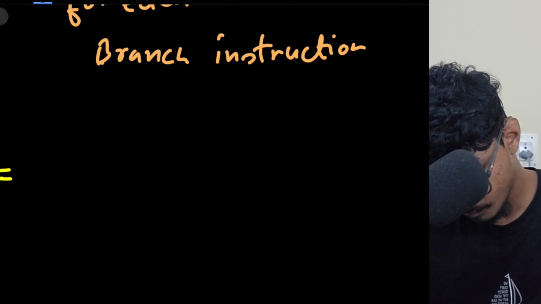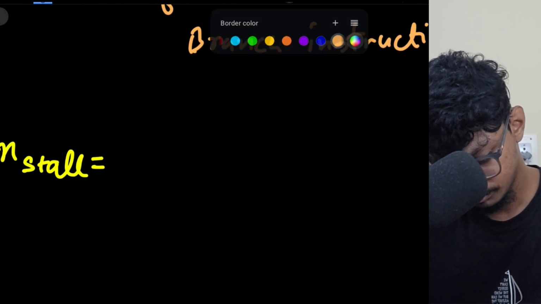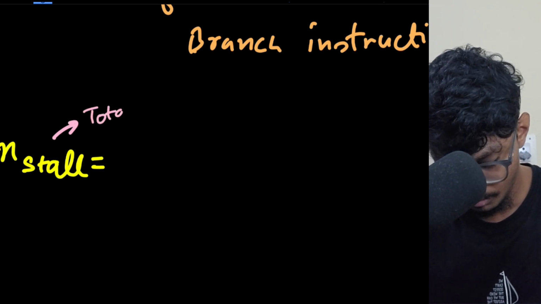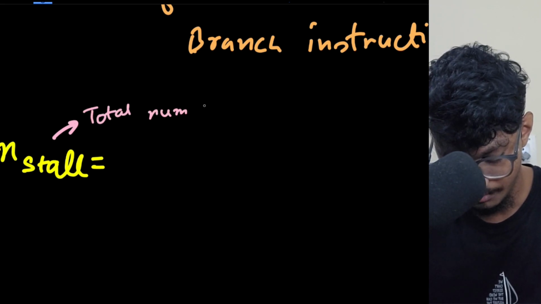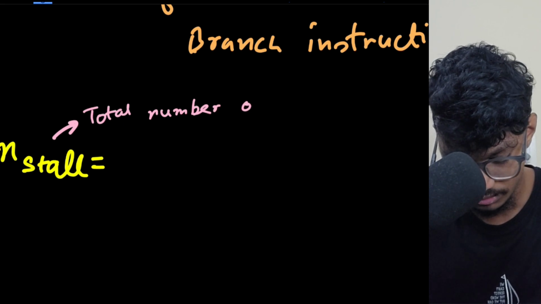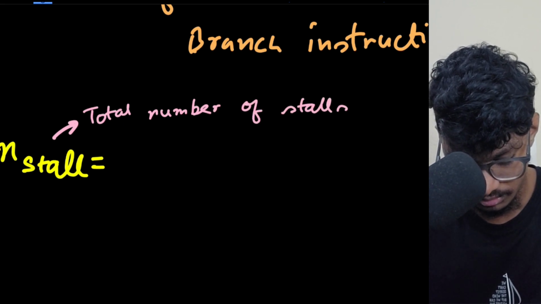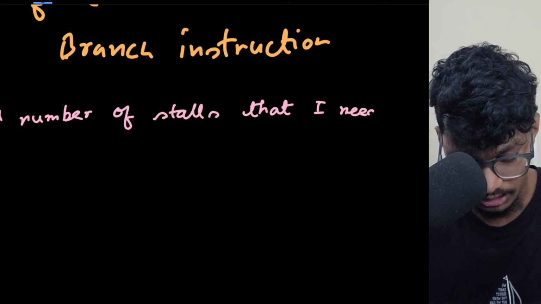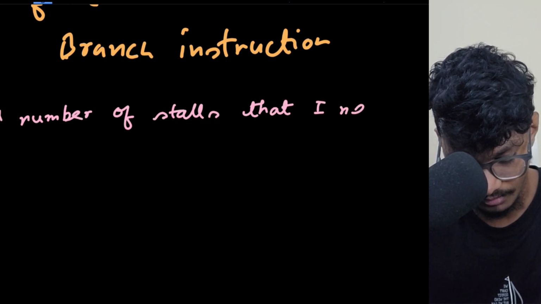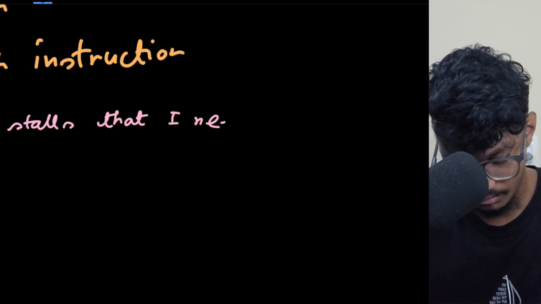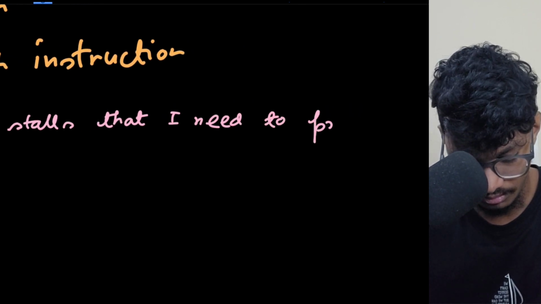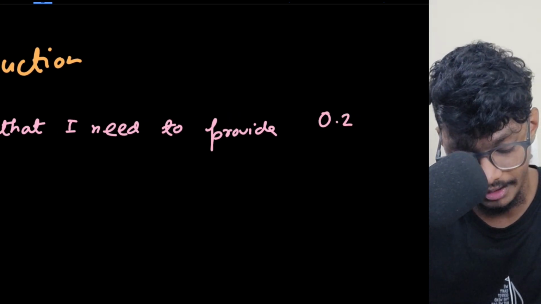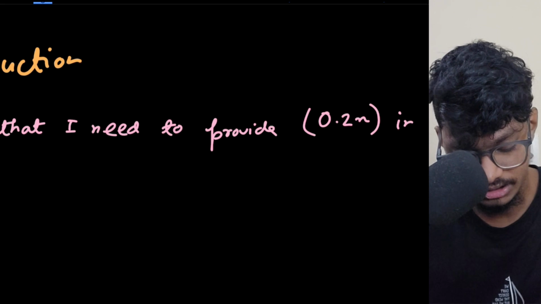For how many instructions? For 20%, that is 0.2 n instructions.